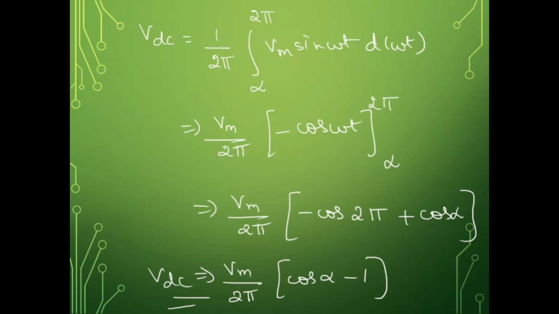So the disadvantages of the single phase half wave AC voltage controller or unidirectional controller are, first, even though the firing angle is varied from 0 to 180 degree, the minimum output voltage obtained is only 70% of the supply voltage.